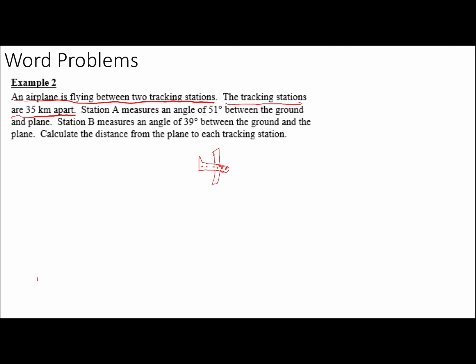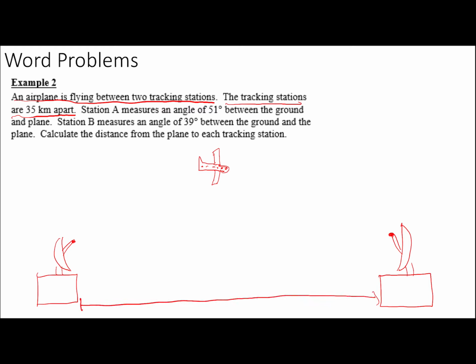So I have a tracking station. I don't know how a tracking station looks. Let's just say it looks like this. Another tracking station over here. They're 35 kilometers apart. Draw a line 35 kilometers apart.